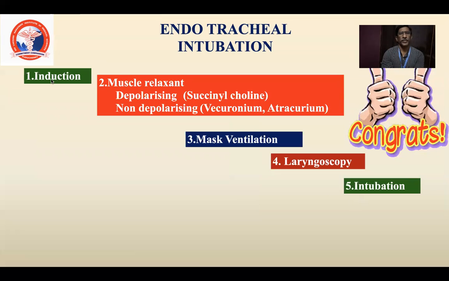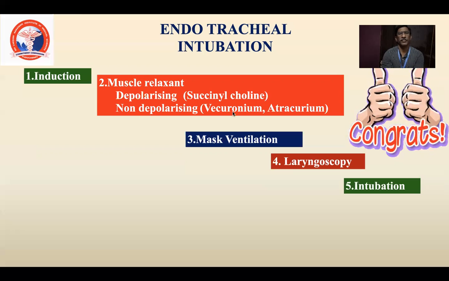So you induce the patient either with intravenous or inhalation agent, and give a muscle relaxant. Either it can be a depolarizing one like succinylcholine or a non-depolarizing one like vecuronium and atracurium. The difference is succinylcholine produces muscle relaxation within 30 to 40 seconds, but the non-depolarizing relaxants take 3 minutes.